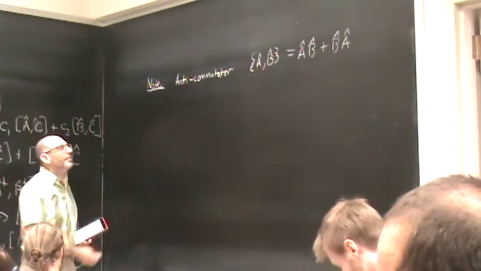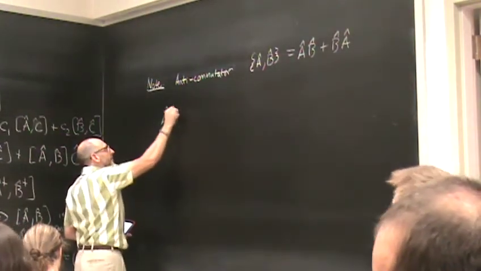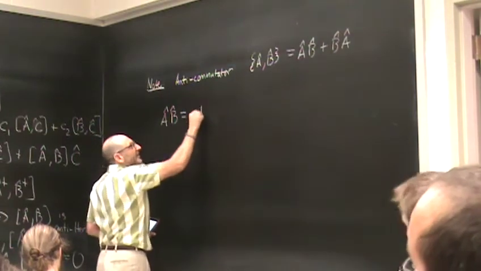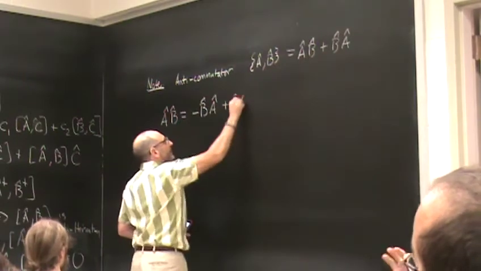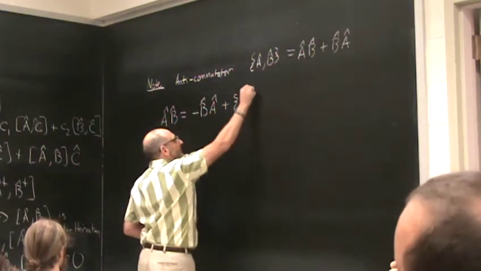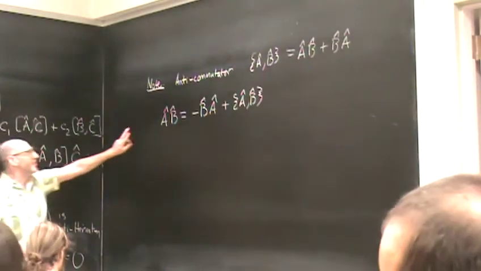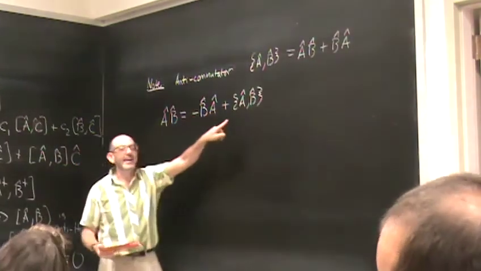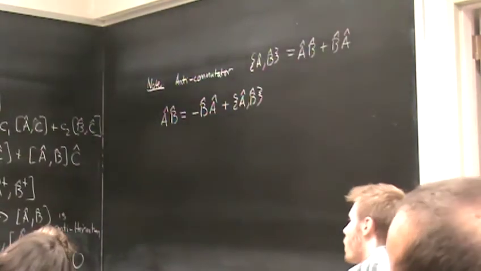Okay? And the reason it's called the anti-commutator is that A B is equal to minus B A plus the anti-commutator. So when you reverse the order, you put a minus sign and then add the anti-commutator. Whereas with the commutator, I just reverse the order.